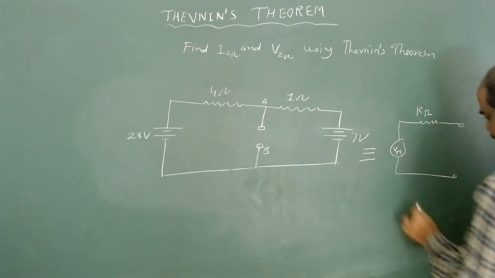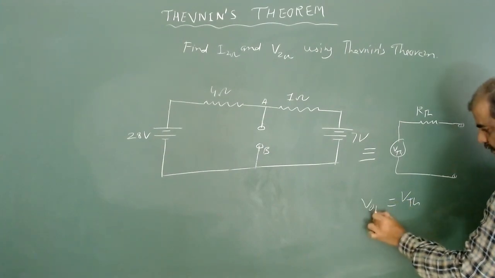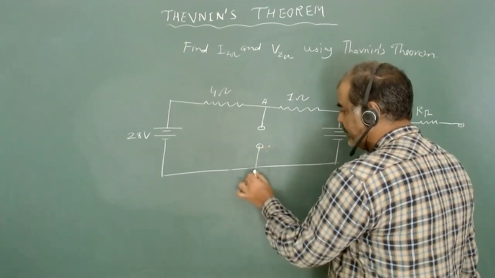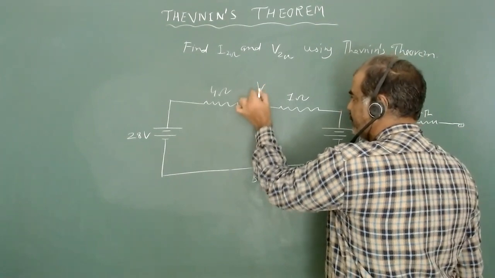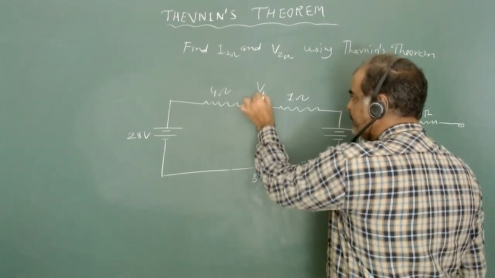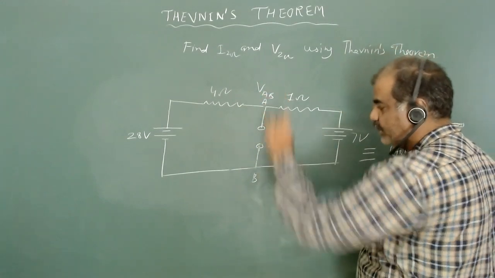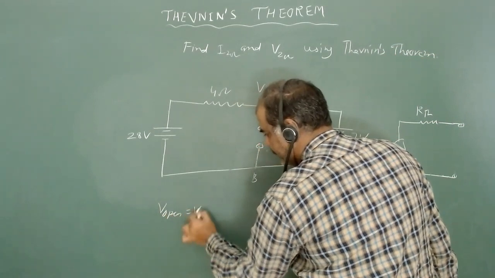Now V open is V Thevenin. I'll measure V open, that means the voltage across A and B. Say the voltage across AB is VAB. My aim is to calculate VAB, that is V open.